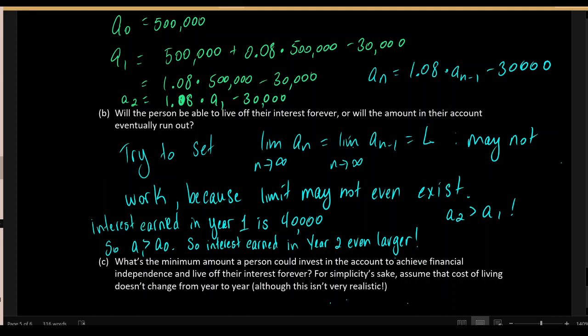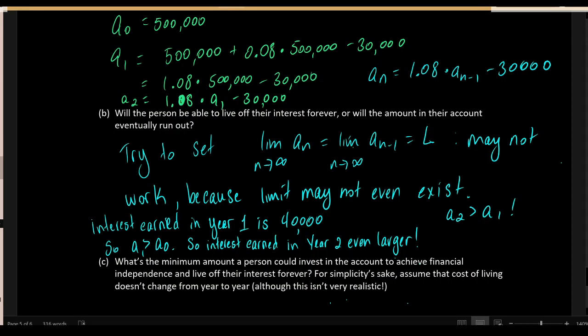We're earning so much interest on this investment relative to our expenses that the amount in the investment just keeps going up, larger and larger over time. In fact, if we continue this calculation, we'll probably be able to see that the sequence AN is not actually bounded, that over the course of time the value of the investment will continue to grow and grow without limit.